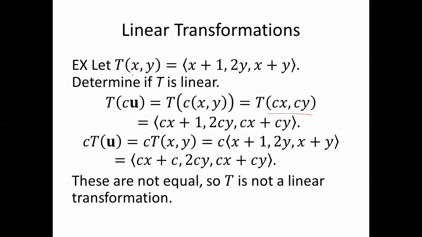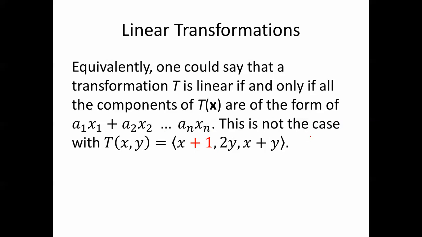Now, if this is T of (x, y), then T of (cx, cy) is going to be (cx + 1, 2cy, cx + cy). C times T of u, you just take this and multiply it by c. So we end up with (cx + c, 2cy, cx + cy). Notice that these are not equal, so T is not a linear transformation.